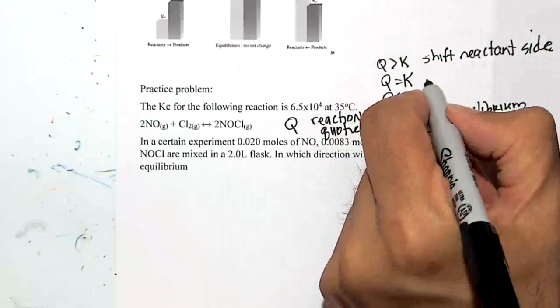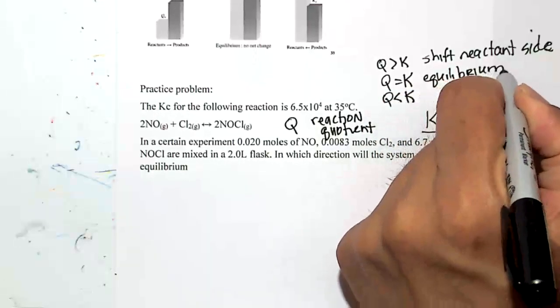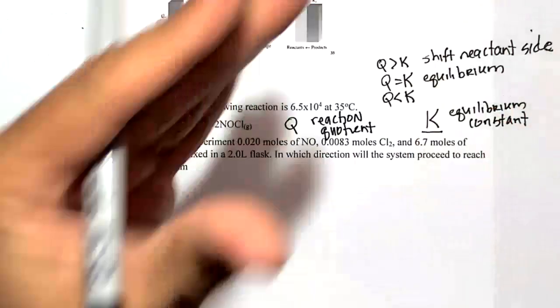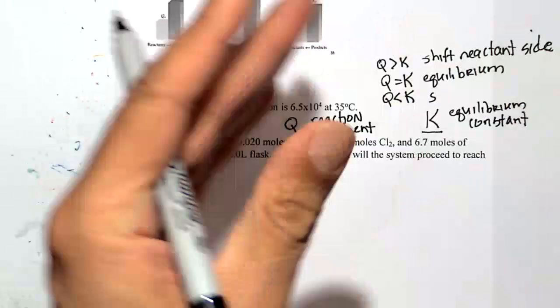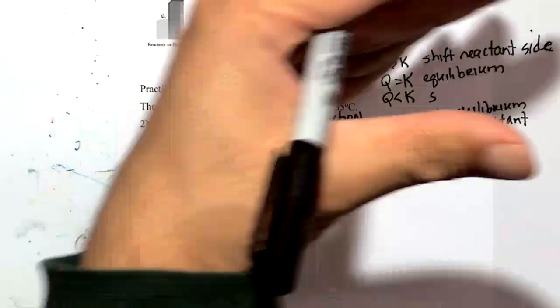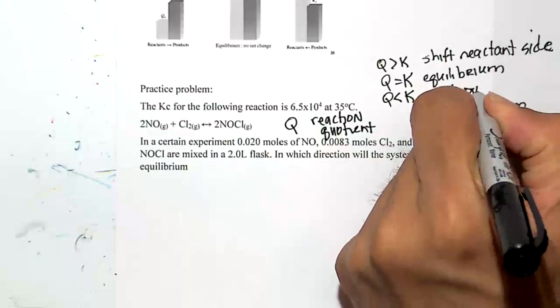Okay, if Q is equal to K, we are at equilibrium. And if Q is less than K, we're not at equilibrium. Where do we go to get to equilibrium? Okay, the alligator jaws are pointing towards the product side, so we're going to shift towards the product side.